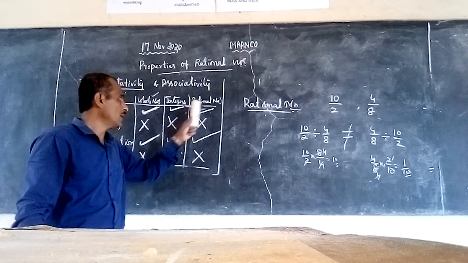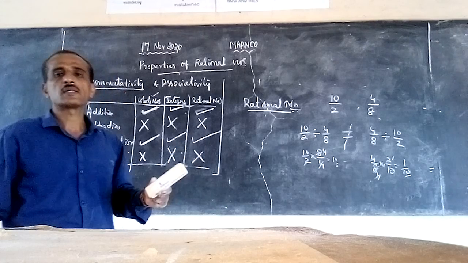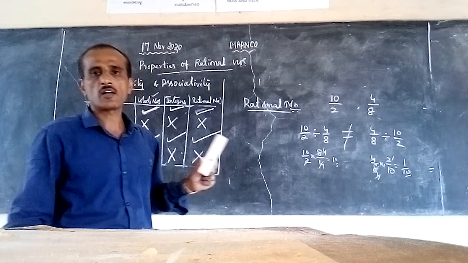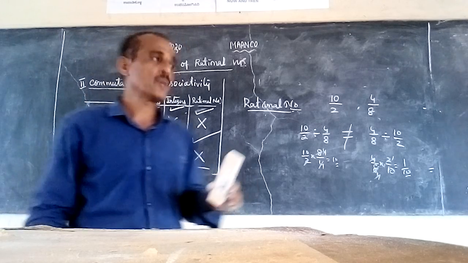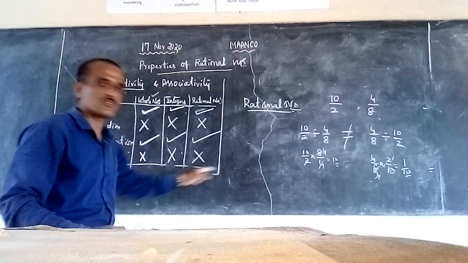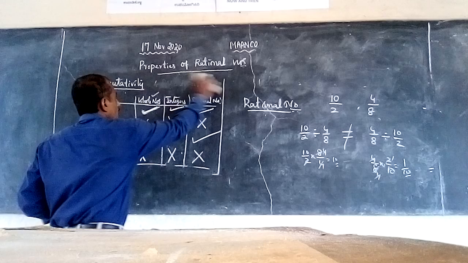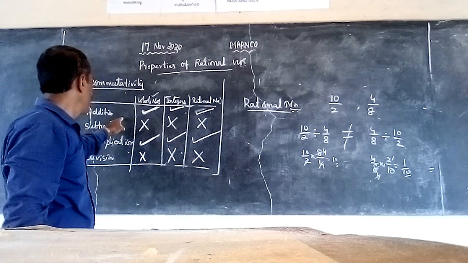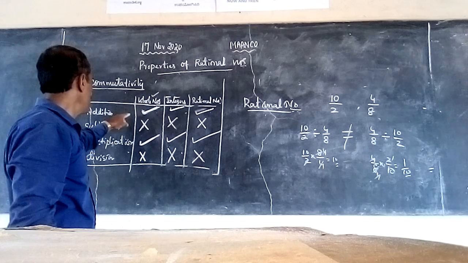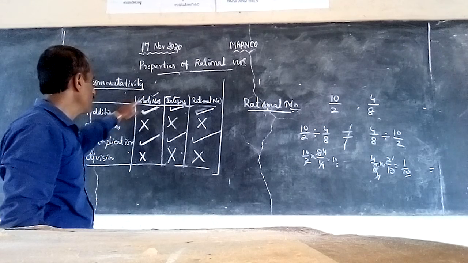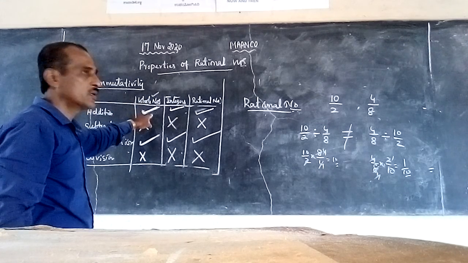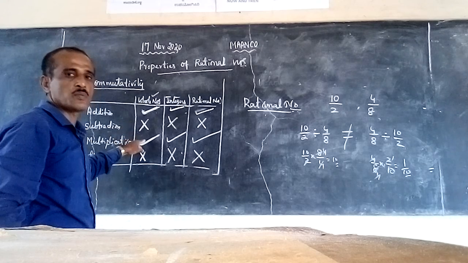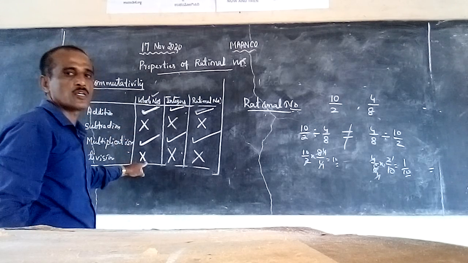Okay, so only addition and multiplication are commutative for rational numbers. Subtraction and division are not commutative for rational numbers. So let us recall all this what we have studied about commutativity. Addition is commutative for whole numbers, subtraction is not commutative for whole numbers, multiplication is commutative for whole numbers, division is not commutative for whole numbers.